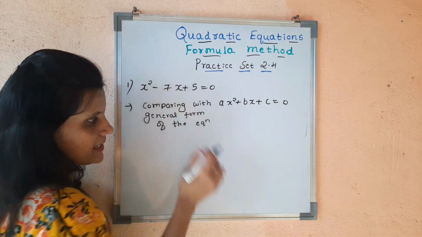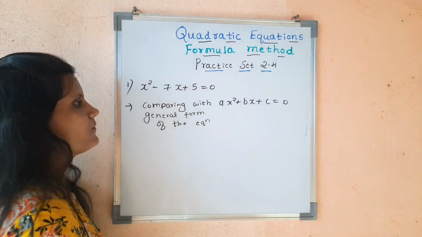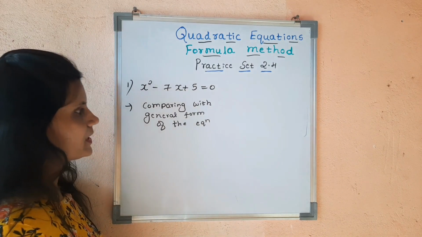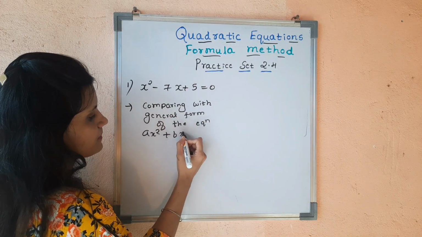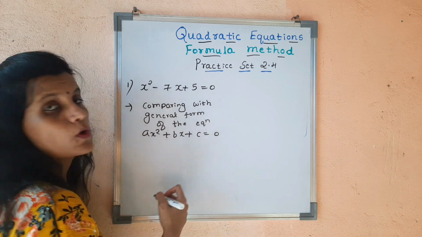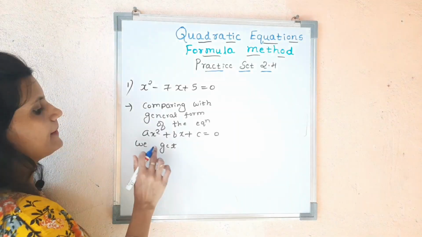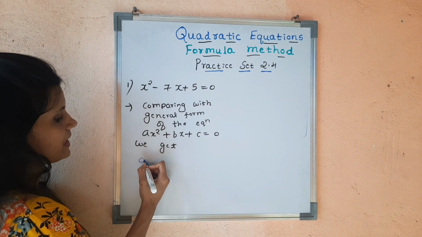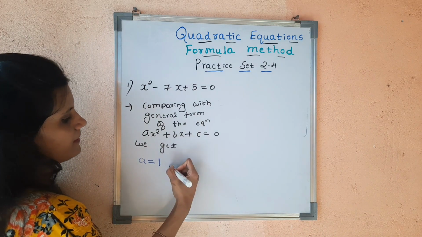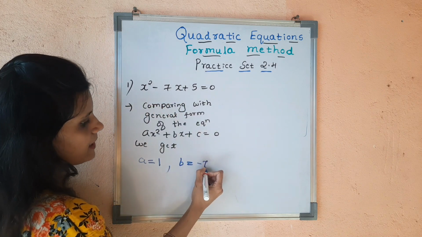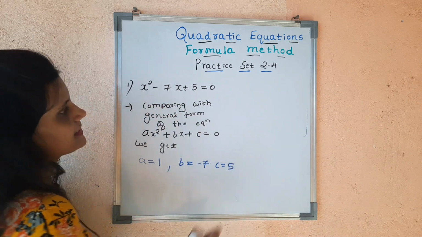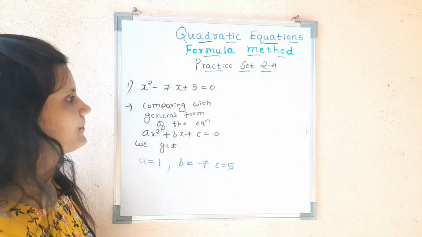Let me write this general form over here. Comparing with the general form of the equation, ax square plus bx plus c is equal to 0, what do we get? In place of a, here nothing is there, so a is equal to 1. In place of b, you have got minus 7, and in place of c, it's equal to 5. Simple.